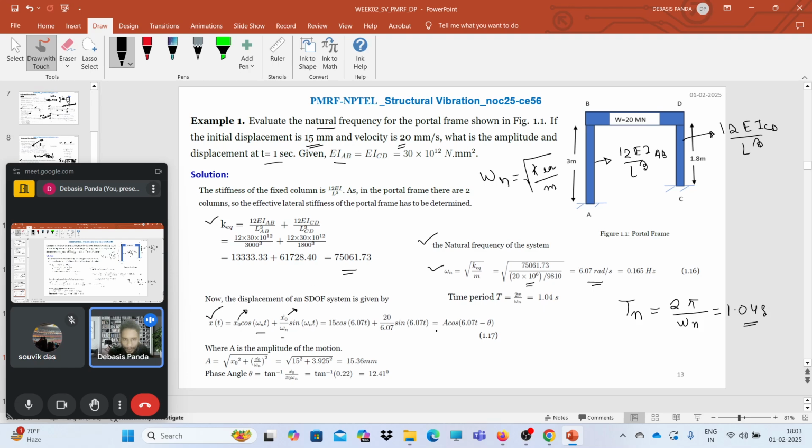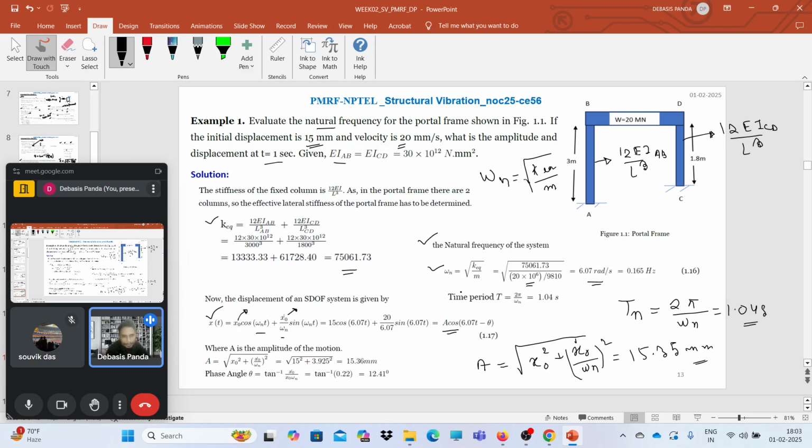Putting all these values, you will get the displacement equation as A cos(6.07 t minus phi). Now we need to calculate A first. A is the amplitude of the motion, which is the square root of initial displacement squared plus initial velocity divided by the natural frequency, squared. Put all these values and A equals 15.35 mm. So this is the amplitude.